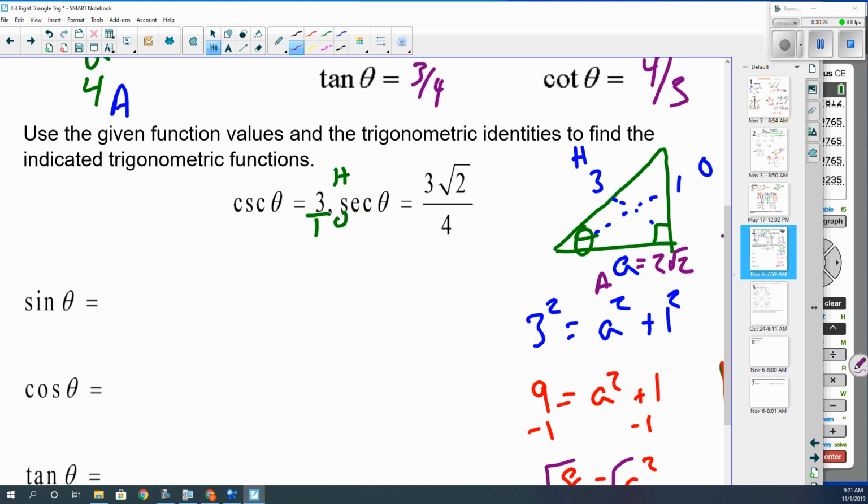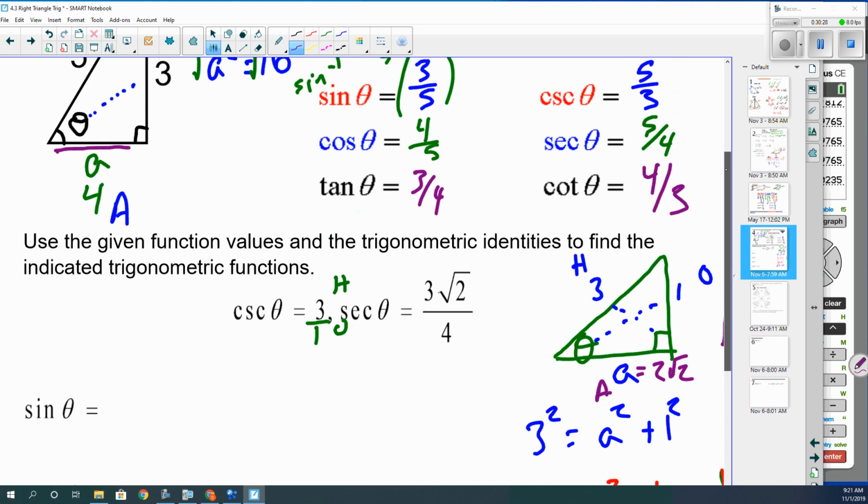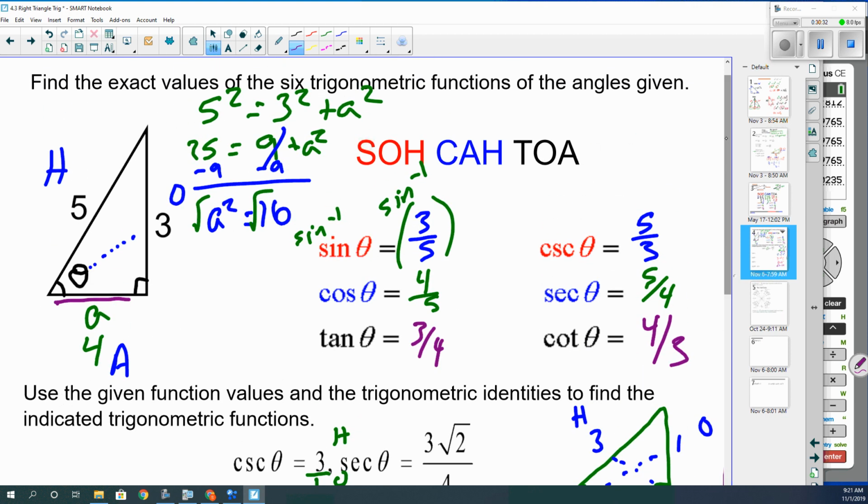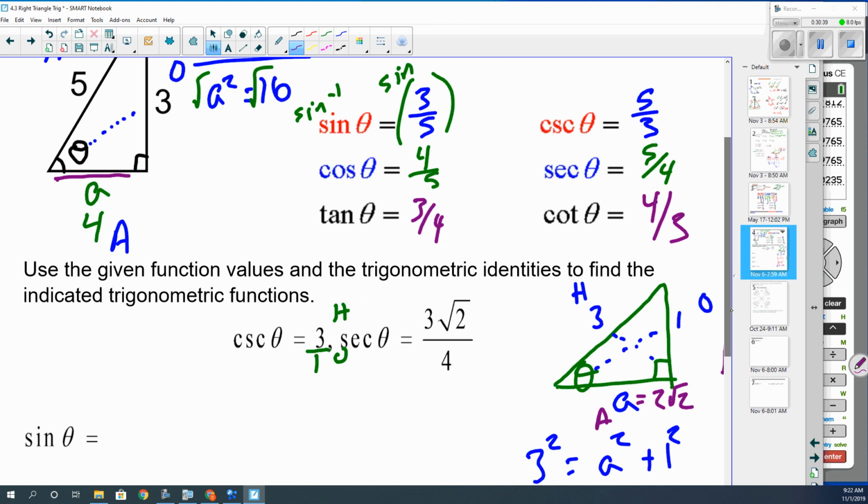So if I was looking at secant up here, secant is the reciprocal of cosine. Cosine using SOHCAHTOA is adjacent over hypotenuse, so secant should be hypotenuse over adjacent.